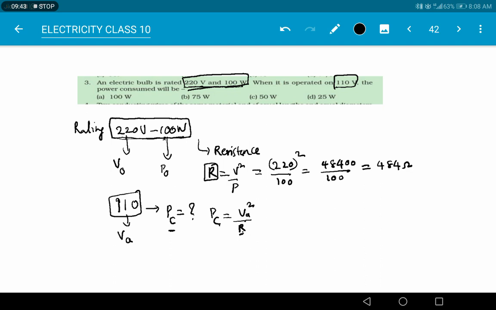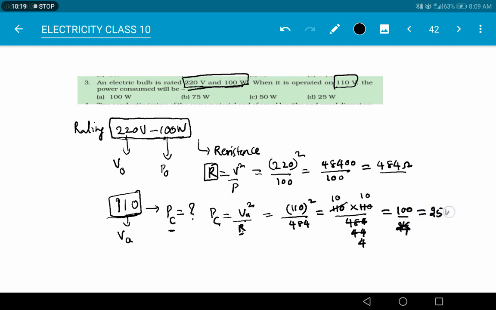484 ohms. Now let us use this 484 ohms in finding the power consumed when the operating voltage is 110. So 110 square by 484. So 110 into 110 by 484. 11 ones are 11, 11 fours are 44, so 100 by 4, your answer will be 25 watt.